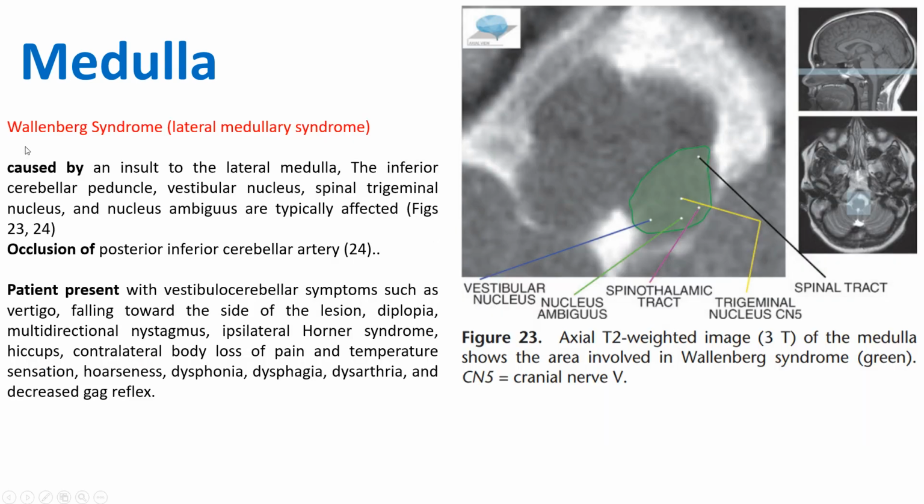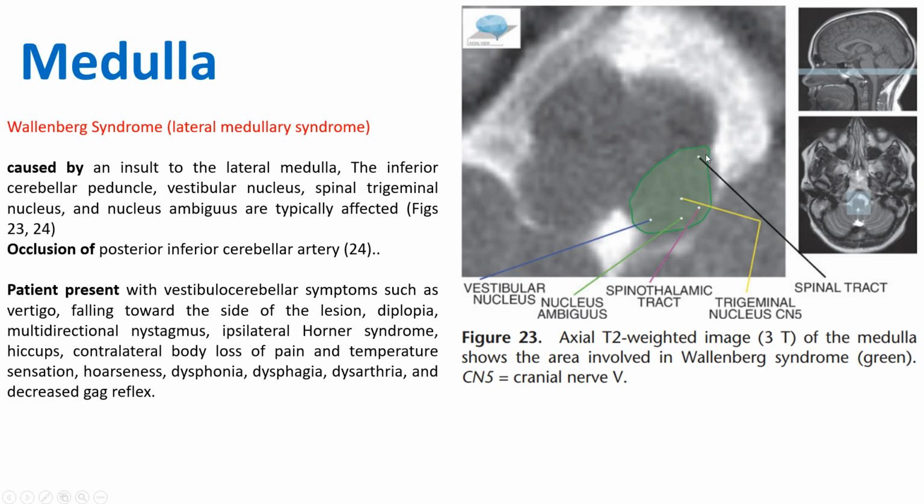The Wallenberg syndrome, or the lateral medullary syndrome. It is due to insult to the lateral medulla. The inferior cerebellar peduncle, vestibular nucleus, spinal trigeminal nucleus, and the nucleus ambiguus are typically affected. This is due to involvement of the PICA, the posterior inferior cerebellar artery.